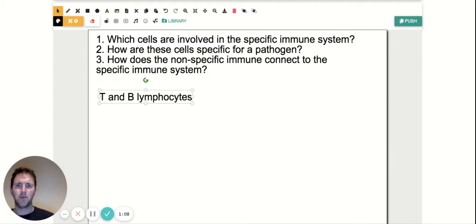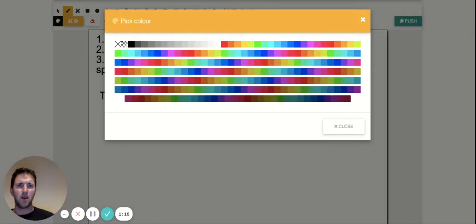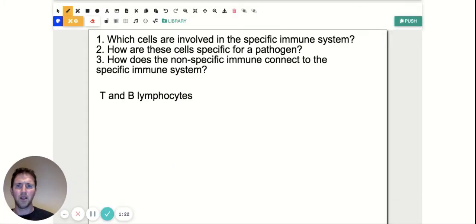Right, the more important question, how are these cells specific for a pathogen? Right, let's do some drawing here. Let's go with blue. So we've got several types of cells here, and we'll go into these in more detail.